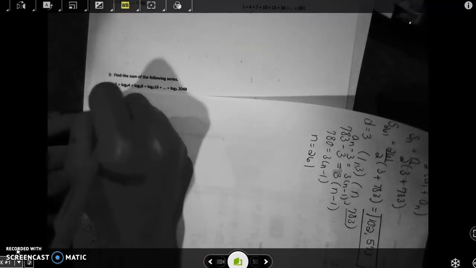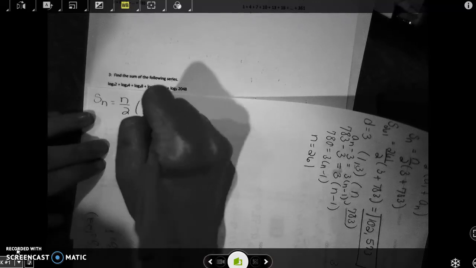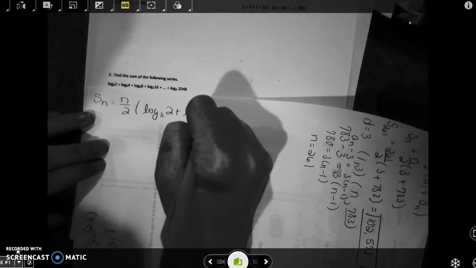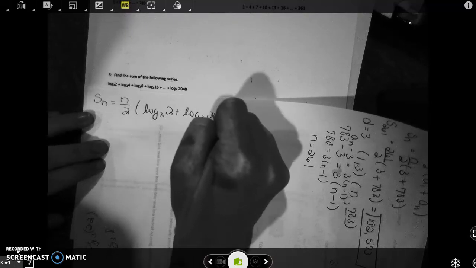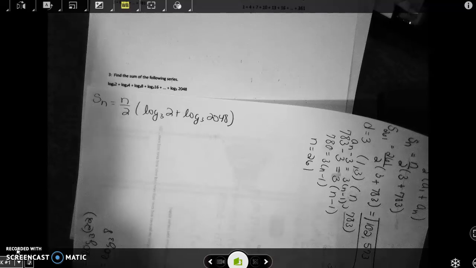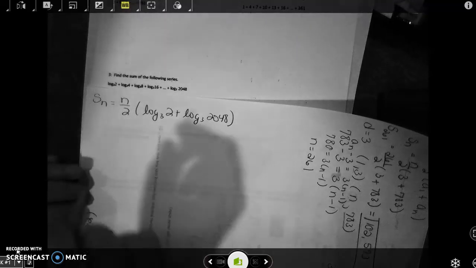So it says find the sum. Once again, I don't know n. I do know a1, and I do know a sub n. So I'm going to have to do a little side work to find n before I can continue here.